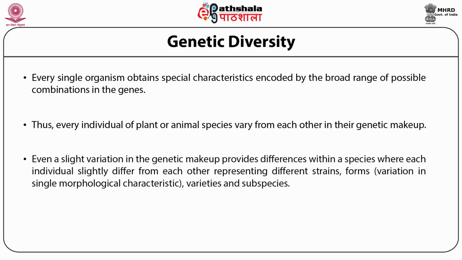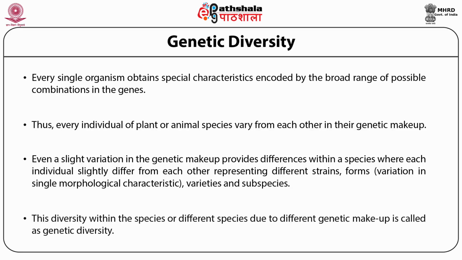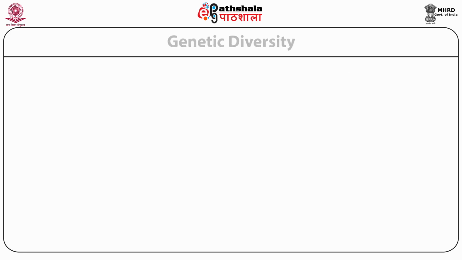Even a slight variation in the genetic makeup provides the differences within a species, where each individual slightly differs from each other, representing different strains, forms, variation in a single morphological characteristic, varieties, and subspecies. This diversity within the species or different species due to the different genetic makeup is called genetic diversity.